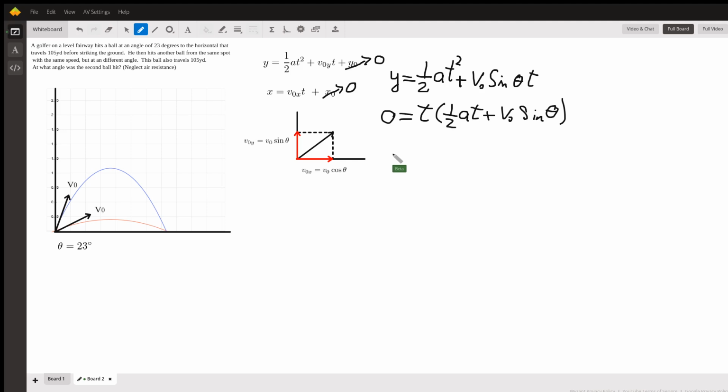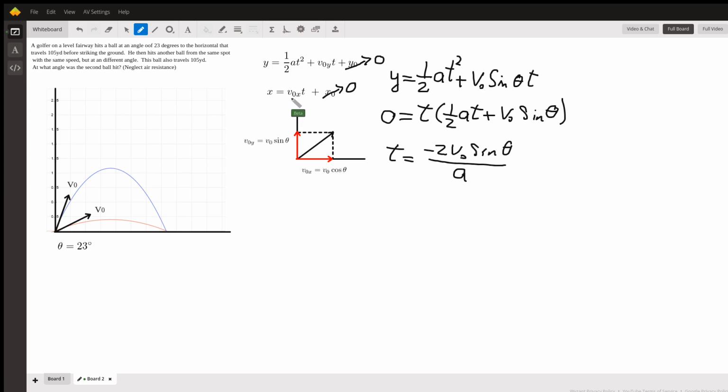So again, solving for t, that gives us negative 2 v naught sine theta divided by a. Okay. And now this is the time that the ball is in the air.